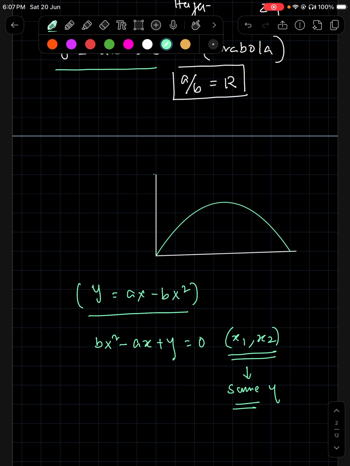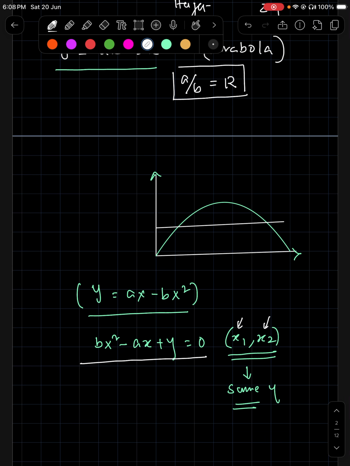This equation is telling us that the projectile will reach the same height at two horizontal positions, given by x1 and x2. That is the physical significance of this equation.